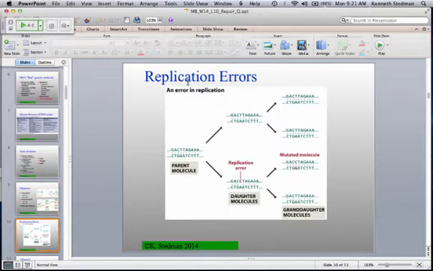So let's look at what happens here. Now, classic case of a problem with replication. You start out with your parent molecule here. There's a replication error, and almost always these replication errors are going to be small to small or big to big, because they still fit in the double-stranded structure a lot better than the opposite.